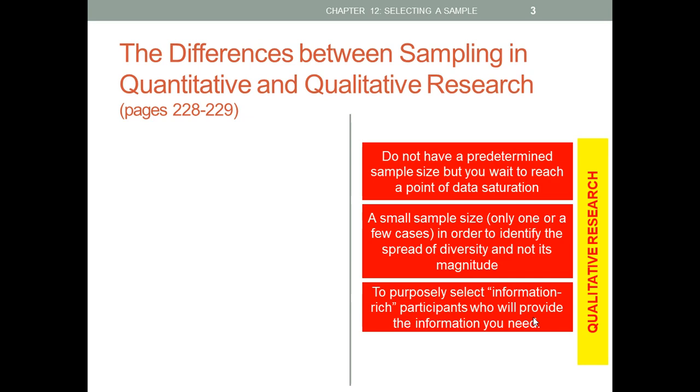The qualitative researcher will reach out to a teacher, for example, who has been very successful in adopting blended learning for her classes. So that teacher is information rich. That teacher is the best qualified in addressing the research question.